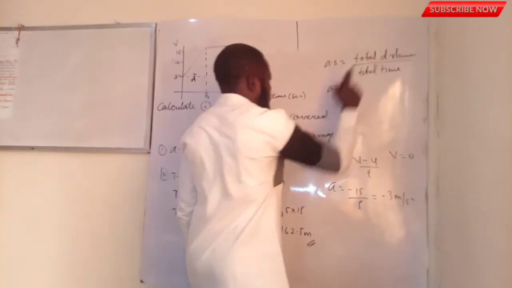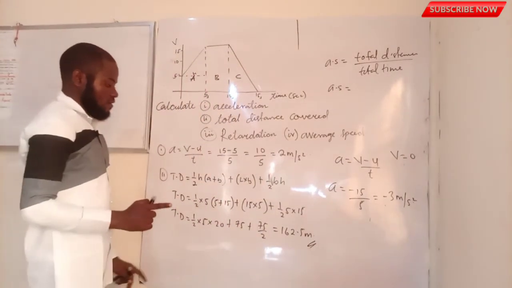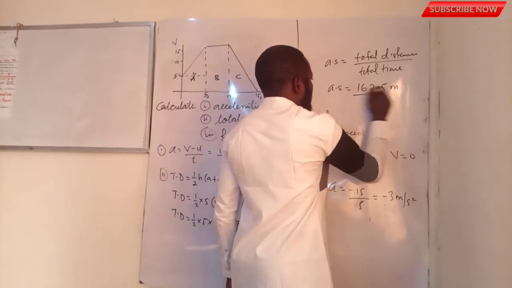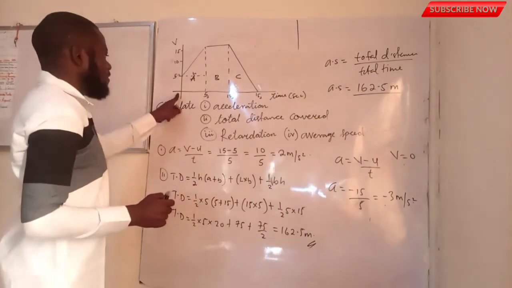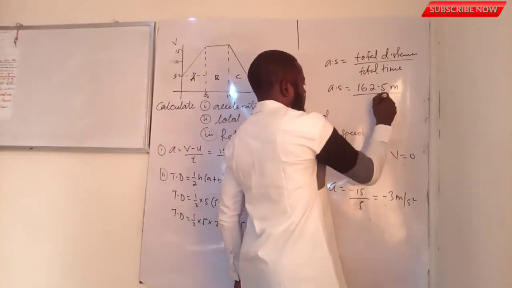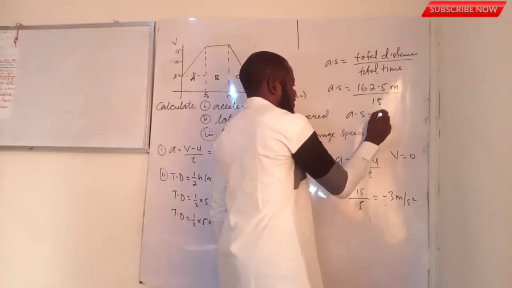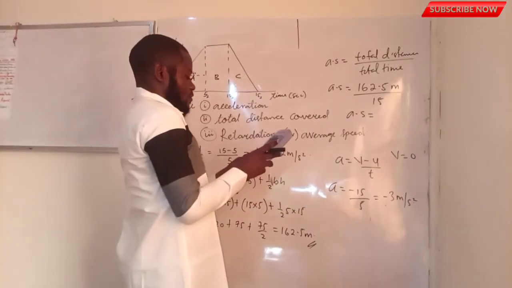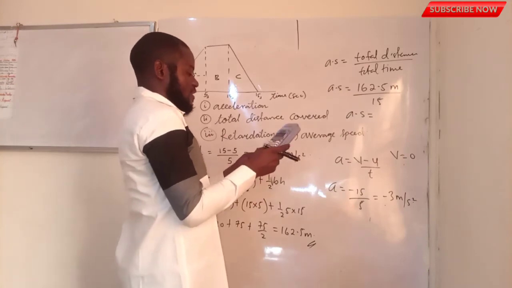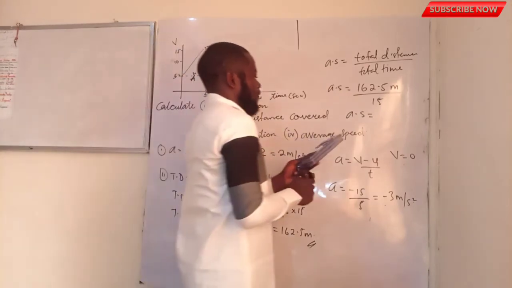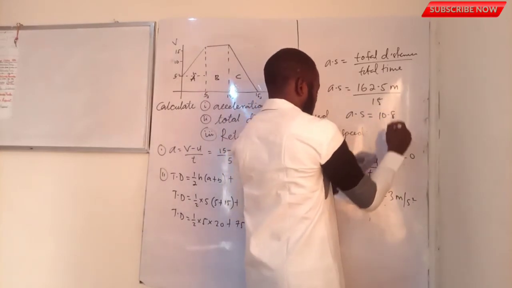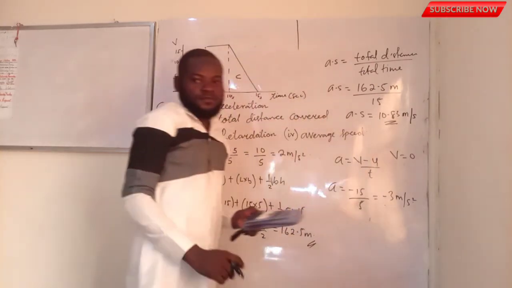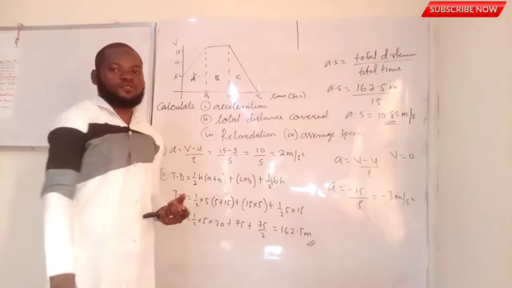Our total distance is 162.5 meters, divided by the total time from here to this place, that's 15 seconds. So 162.5 divided by 15 is 10.83 meters per second. Do we get this now? So that's how to go about that.